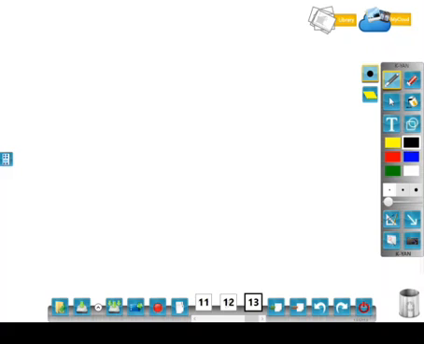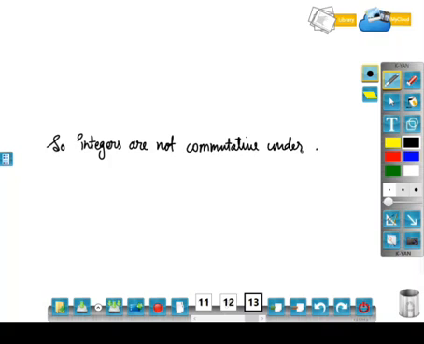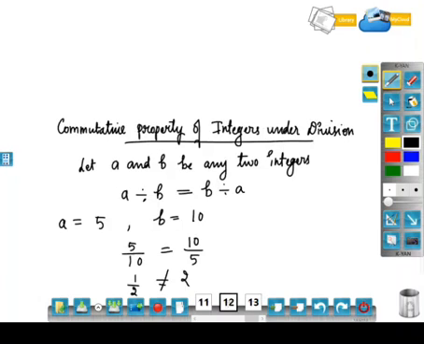Okay, so integers are not commutative under division. Does anybody have any doubt regarding this commutative property? Please comment. How to check the commutative property?